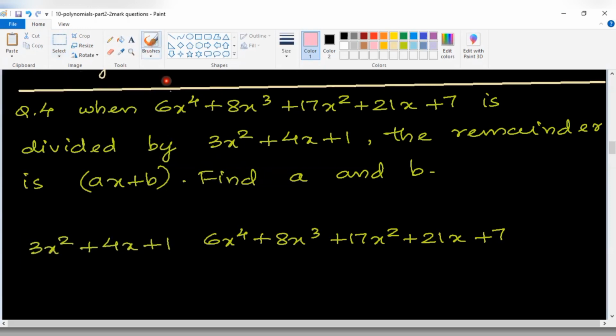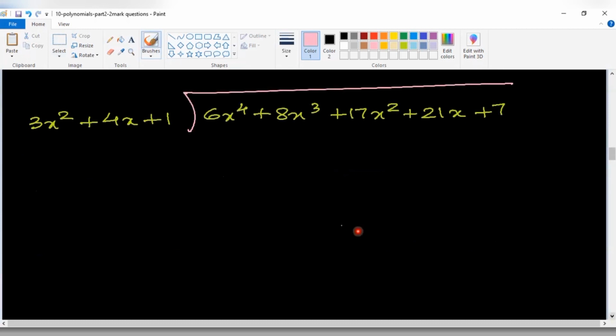Okay, now let us do the division. When we divide, first we have to divide these two. 6x raised to 4 divided by 3x square. So 6 by 3, that is 2. x raised to 4 by x square, that is x square.